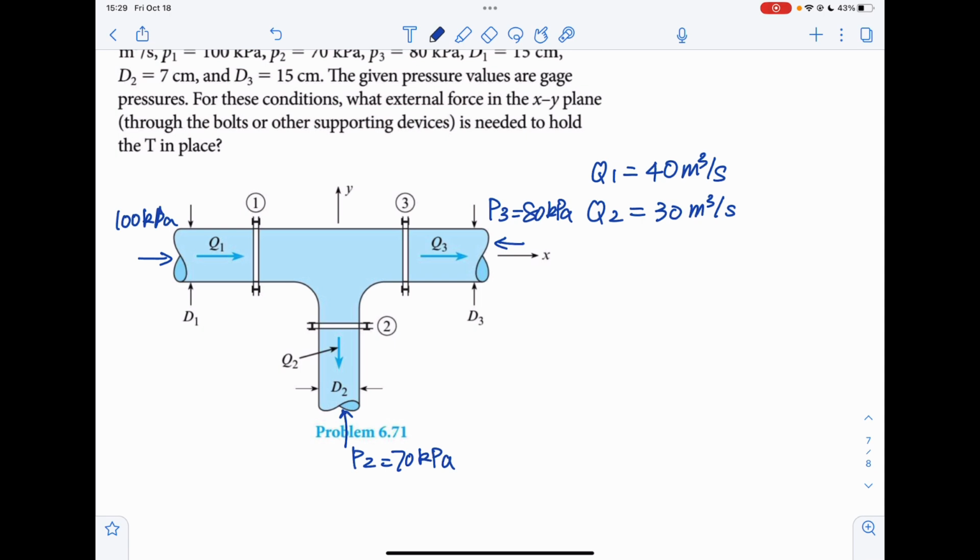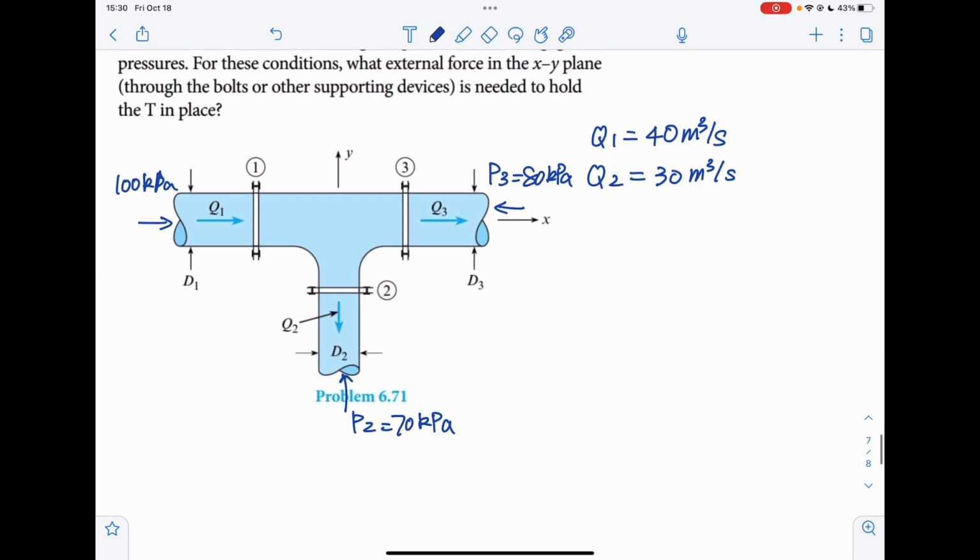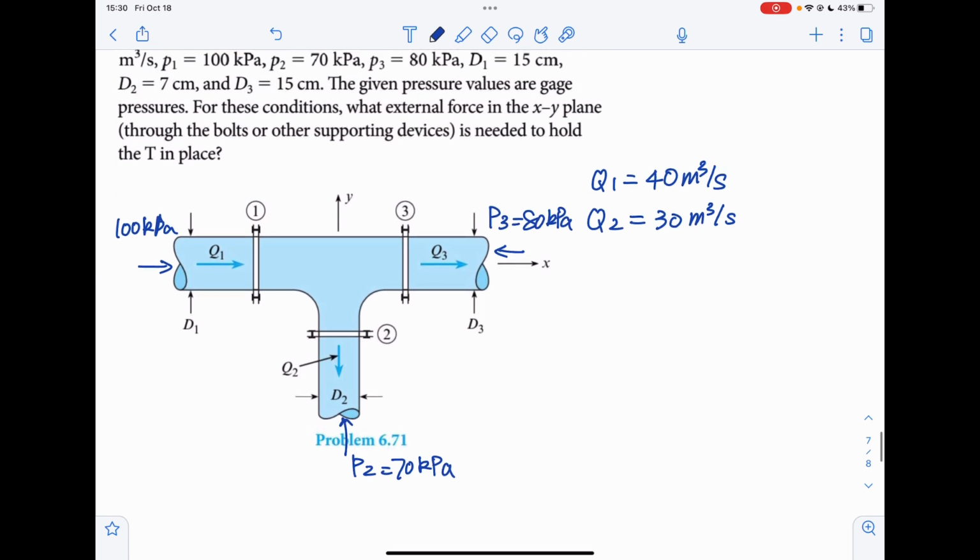So for this case, for the control volume, we have V1, V2, V3 coming in and out from the control volume, and we have three different pressure forces acting on this control volume as well. For this problem, first we're going to find Q3.